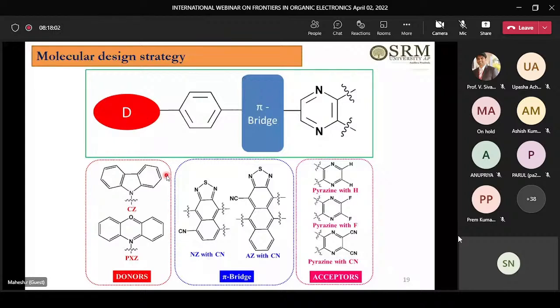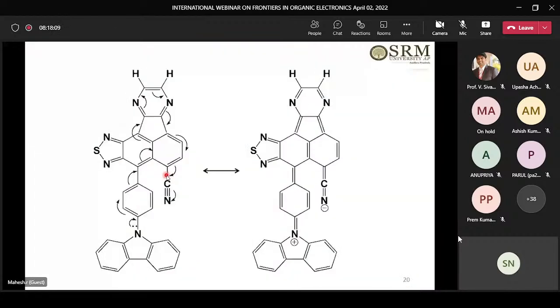With these combinations, we have designed around 15 molecules.